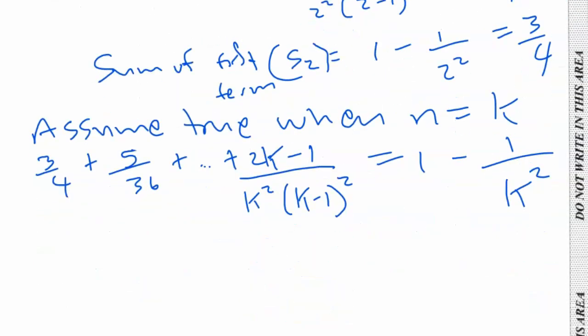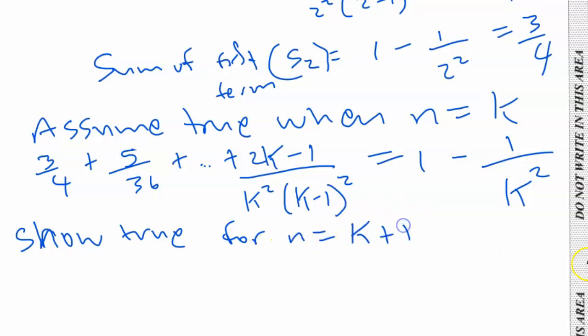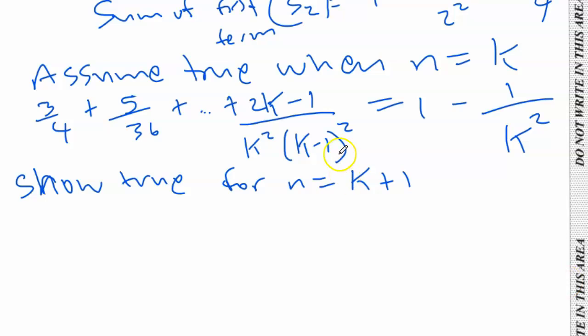Step 3. Now we're going to show it is true for n equal to k plus 1. So we're going to add one more term on the left hand side here, and on the right hand side we're summing up k plus 1 terms.